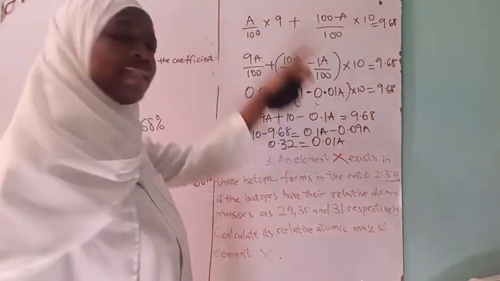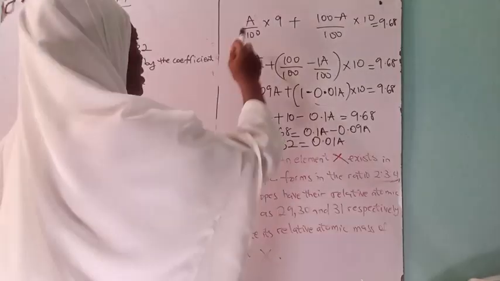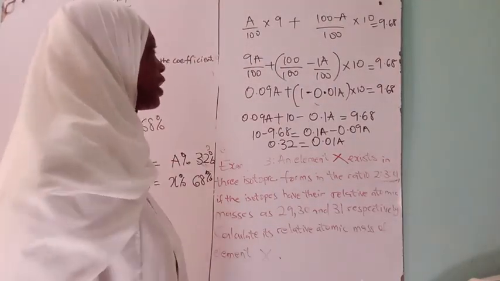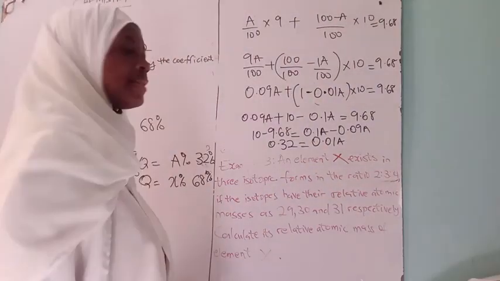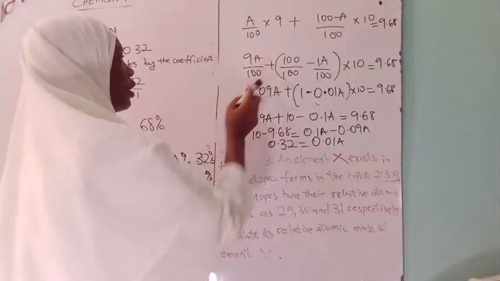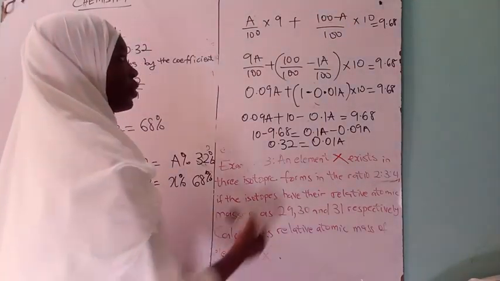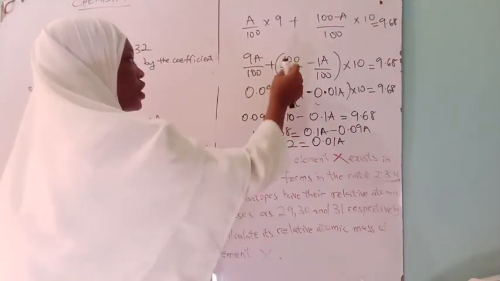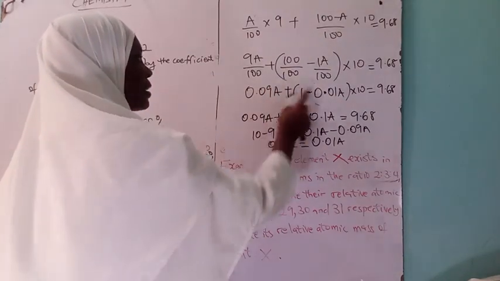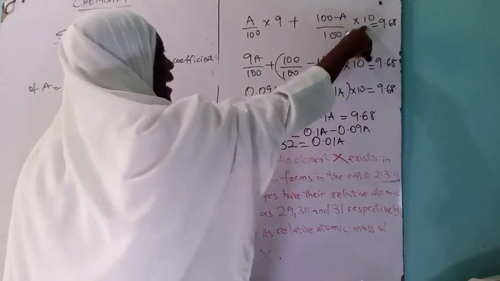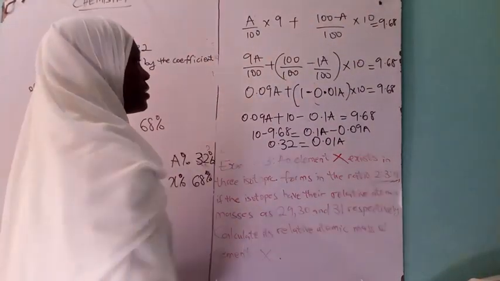We add the percentage times the atomic mass. That gives us A over 100 times 9, and this one is 100 minus A over 100 times 10 equals 9.68.